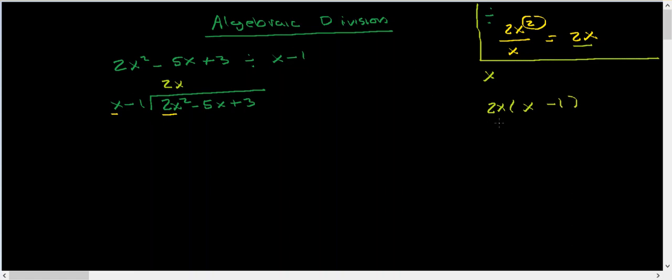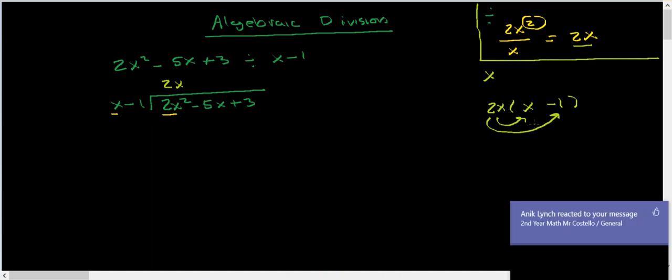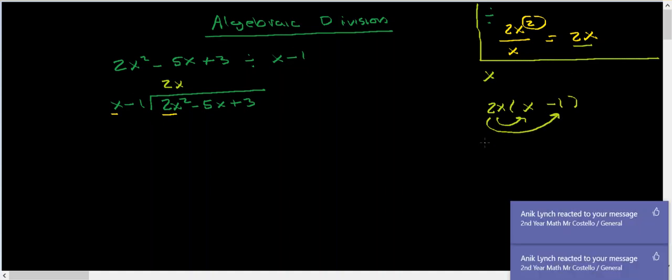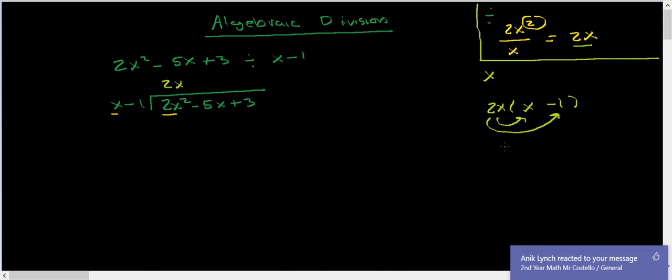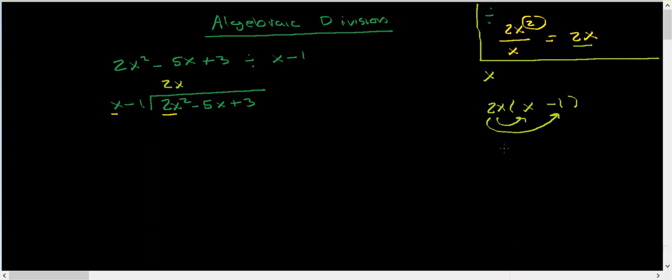So we multiply this out: 2 by x and 2 by minus 1. 2x by x gives us 2x squared, and 2x by minus 1 gives us minus 2x. Okay, so that's your answer after the multiplication phase.